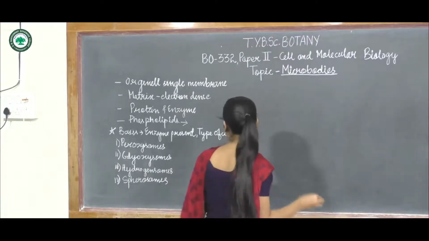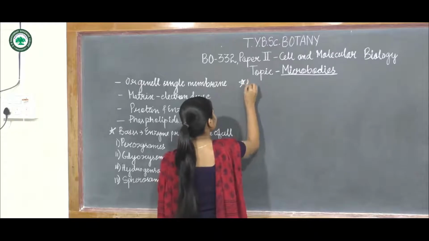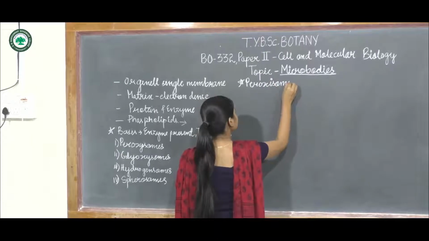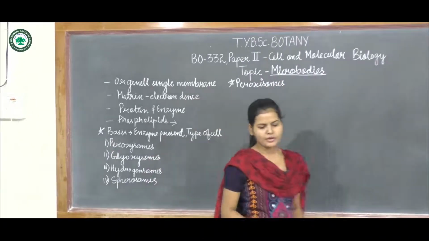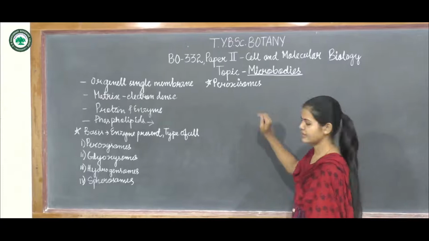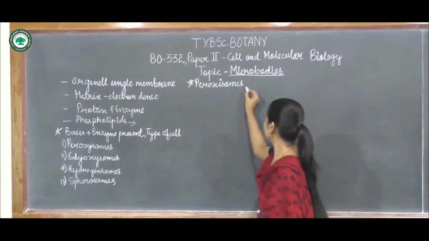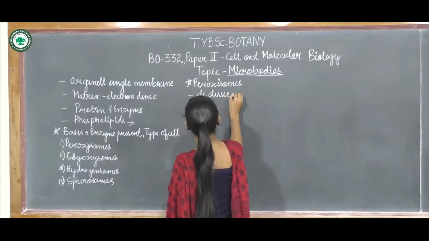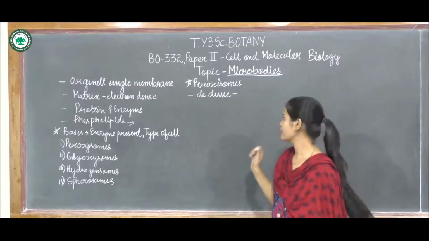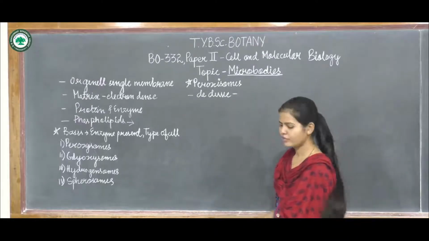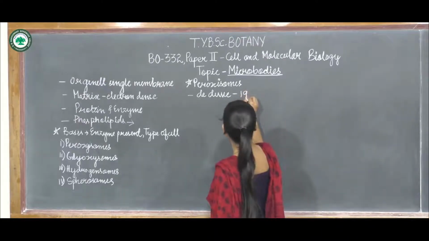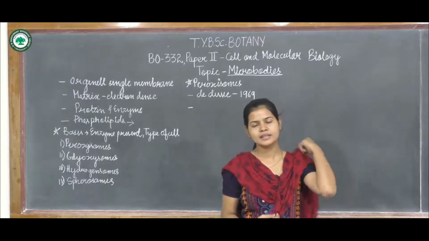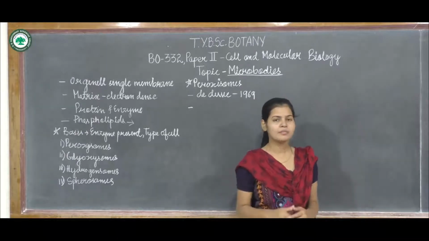So the first one is peroxisome. The term peroxisome was first given by a scientist, D. Dewey, in 1969. Now these peroxisomes are tiny circular membrane bound organelles.